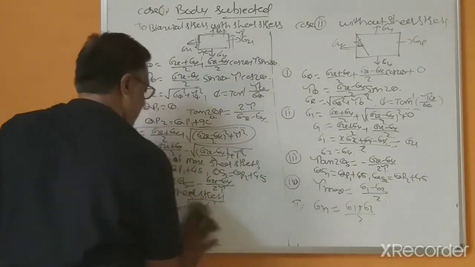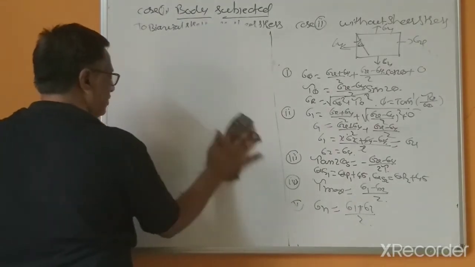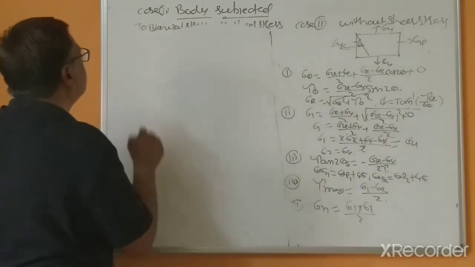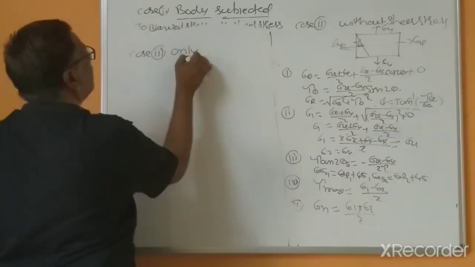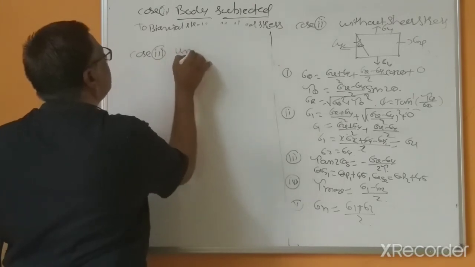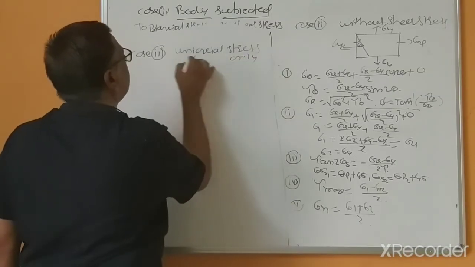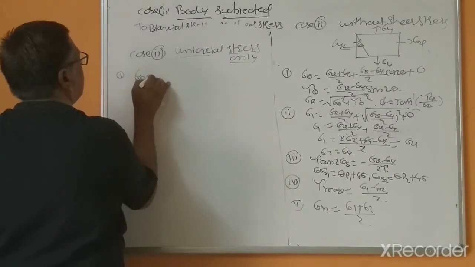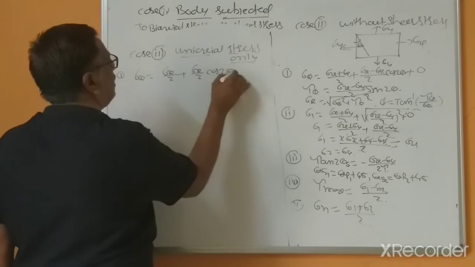Now lastly, I am repeating, the third case: only uniaxial stress. So sigma theta equals sigma x cos 2 theta.